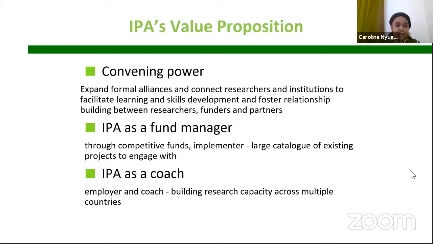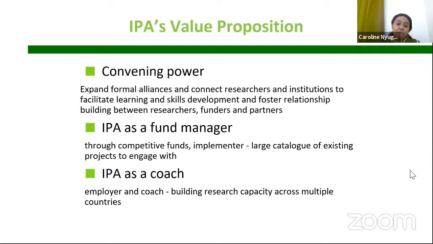Then the second value proposition, or our strength, is IPA as a fund manager. So we manage our own competitive funds, and so we can be viewed as a donor and can distribute funding to LMIC researchers or steer policies to ensure more funding is channeled to the right researchers within our focus countries.